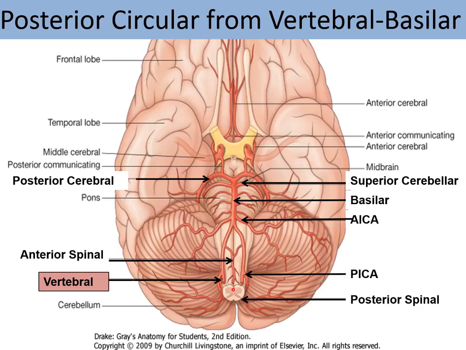Some are the posterior spinal artery, and also the anterior spinal artery, which will come down to form in the spinal cord. But we also see supporting the brainstem, the PICA, the posterior inferior cerebellar artery, which supplies both the medulla as well as the cerebellum.